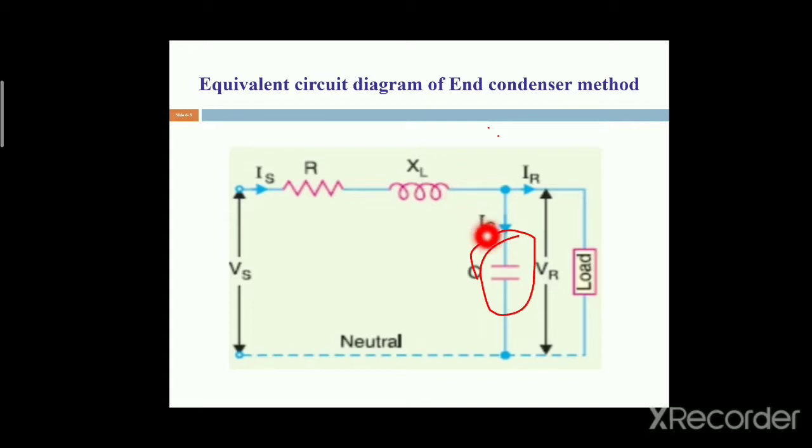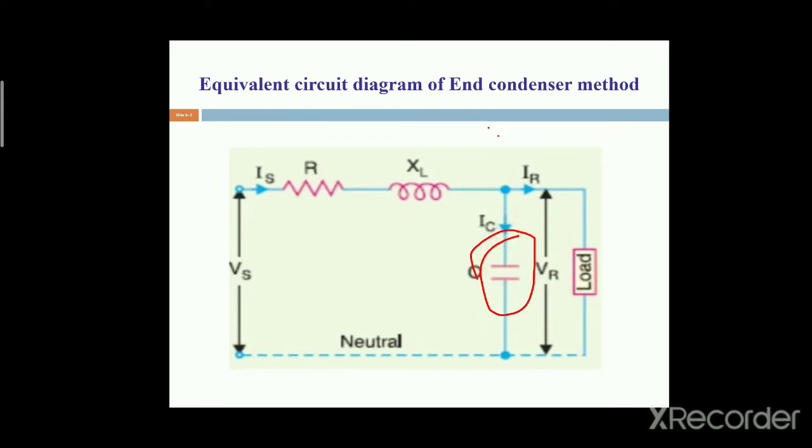Therefore, the Is current is equal to the leaving currents. What are the leaving currents? That is IR and IC. IR is the receiving end current and IC is the capacitive current, the current flowing through the capacitance. Next, VR is the receiving end voltage.